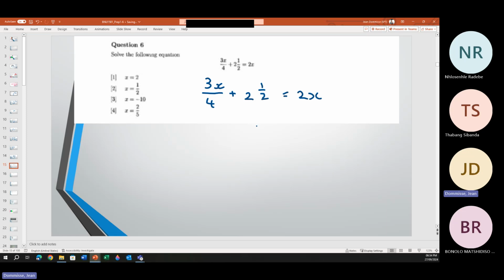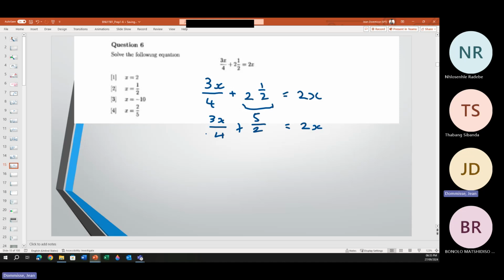Okay, so first I will change the 2.5. So 2 times 2 is 4, 4 plus 1. That's just easier to make quickly. Okay, now I'm still working with 5 over 2, and here I work with 3 over 4.